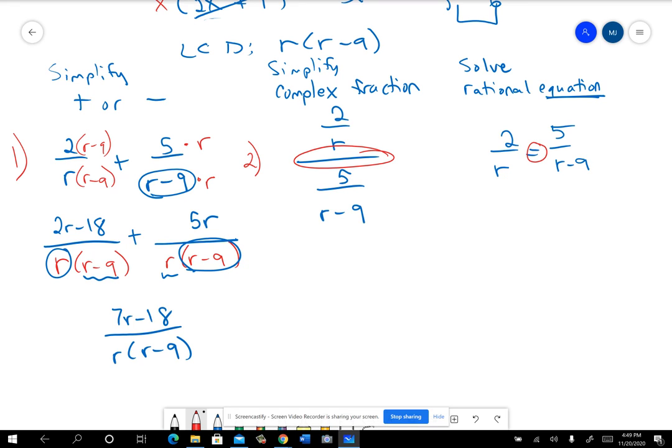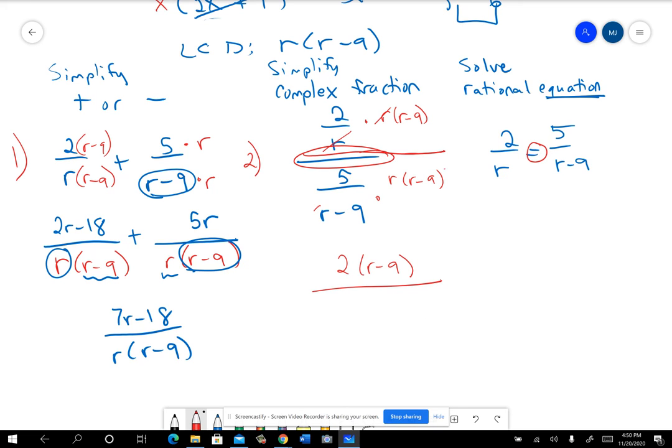So you still use that same LCD, but you use it in a very different way. So here you would multiply by R times R minus 9, top and bottom. And that makes this one big fraction, and the denominators are going to wind up canceling out. So like here, the R would cancel, and I'd have the 2 times the R minus 9 left on top.